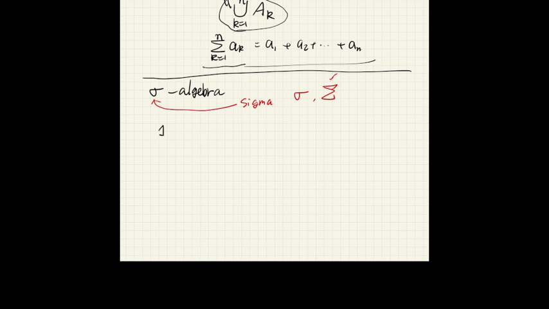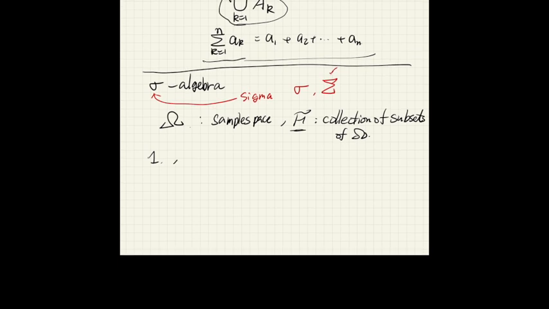So the axioms are almost the same. Let's see. We have a sample space omega, and we have F, a collection of subsets of omega. Then this F is called a sigma algebra if it satisfies the following three conditions.